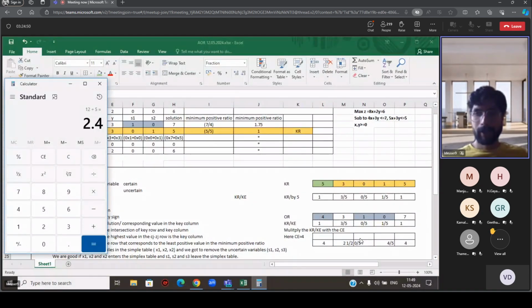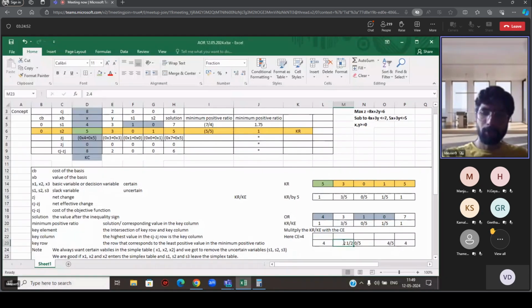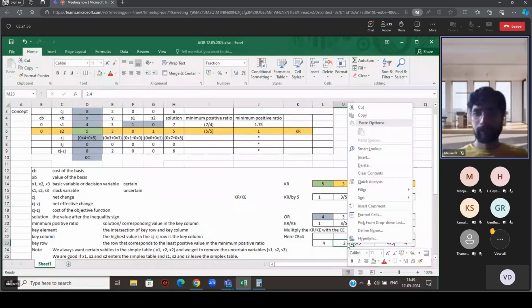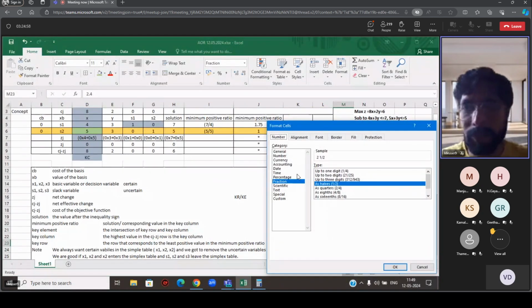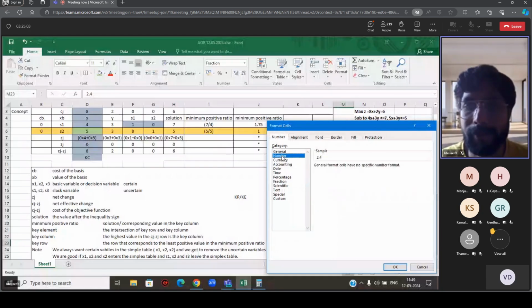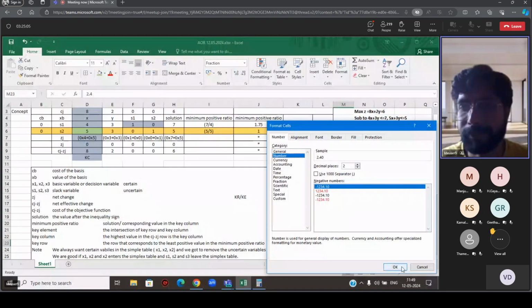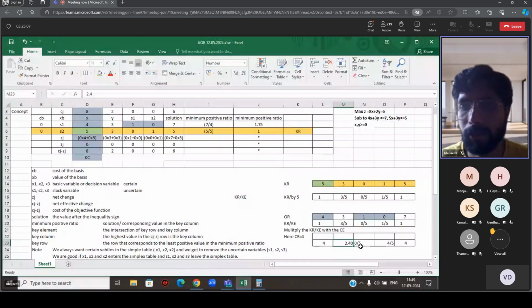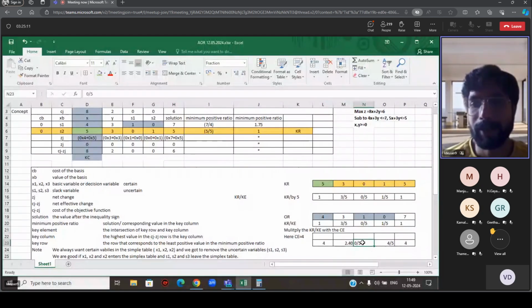So I can put that here, 2.4. It's not taking, I have to put it in decimal. Okay, 2.4, you got that. So we have 2.4, 0 divided by 5, 4 divided by 5, and 4.